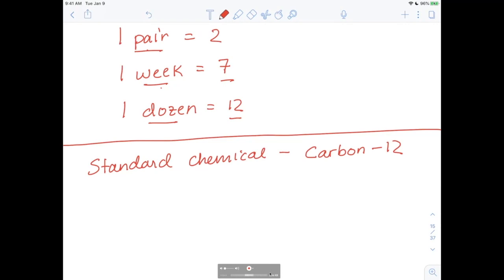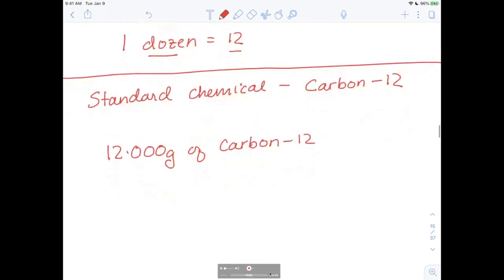Scientists measured exactly 12.000 grams of carbon 12 isotope, and then took this amount and placed it under a powerful microscope.